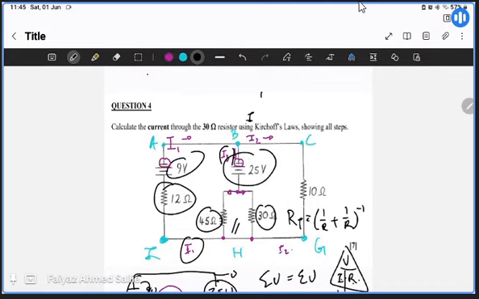We know that this is our bigger voltage, right? So we can say that I2 is equal to I1 plus I3. So this will be equation number 1. Very important.